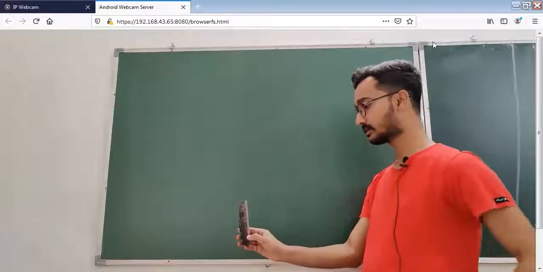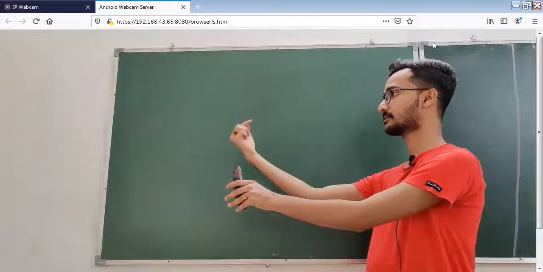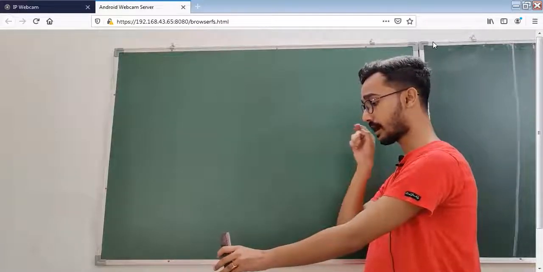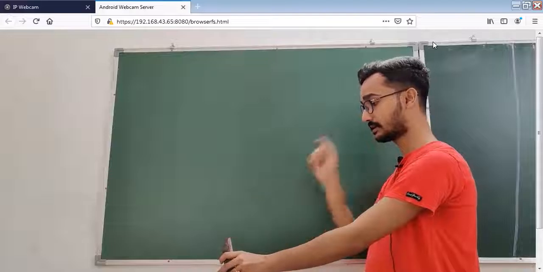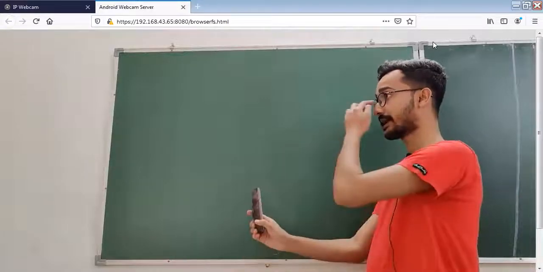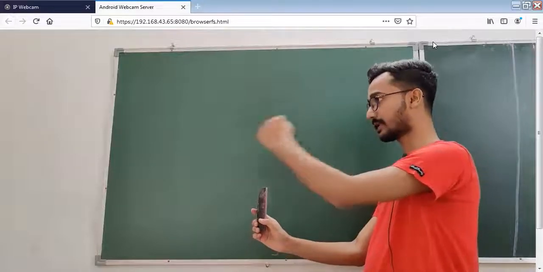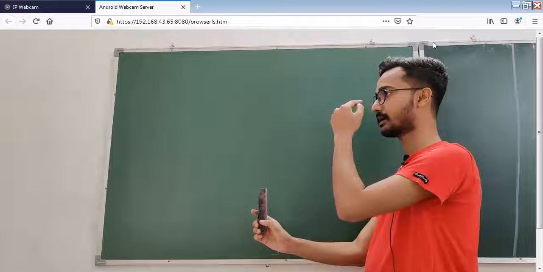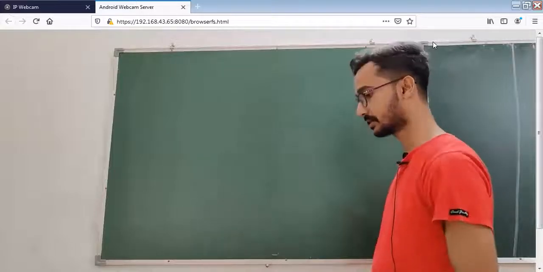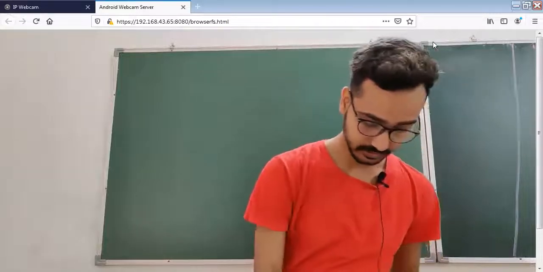Now the angle between the horizontal line, that is the line along my eyes, and the line of sight is known as the angle of depression. Yes or no? I think you understand this very easily.